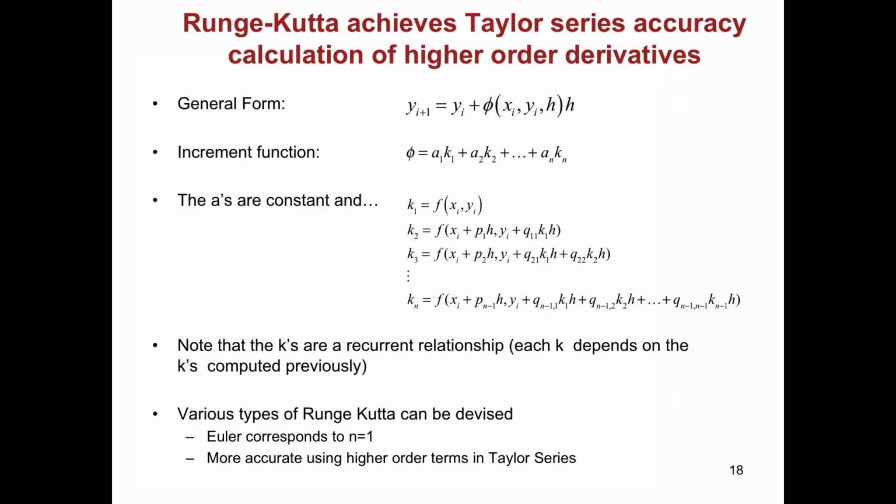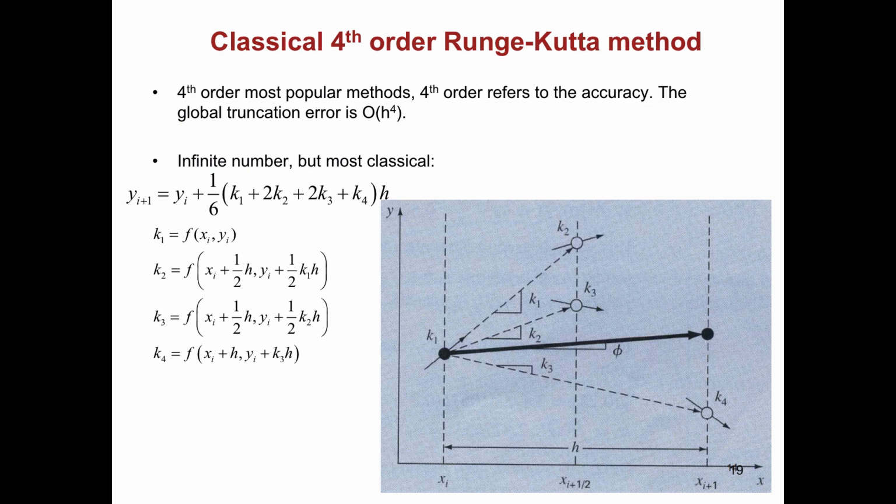And that can actually be done. As you cancel more and more terms, you get a method that is more and more accurate. That's why we're not going to concern ourselves with devising these methods. It comes down to analyzing the Taylor series and devising a method that cancels a lot of those terms.